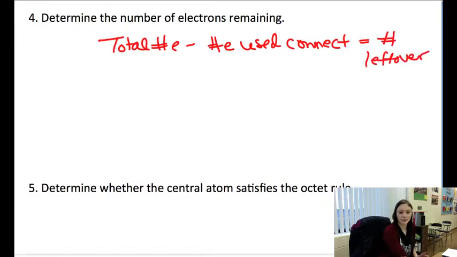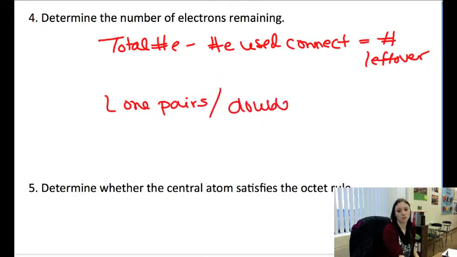And all of those leftover electrons, the remaining ones, are going to be lone pairs or double bonds or triple bonds. They can be lone pairs around the terminal atoms, or they can be lone pairs on the center atom.